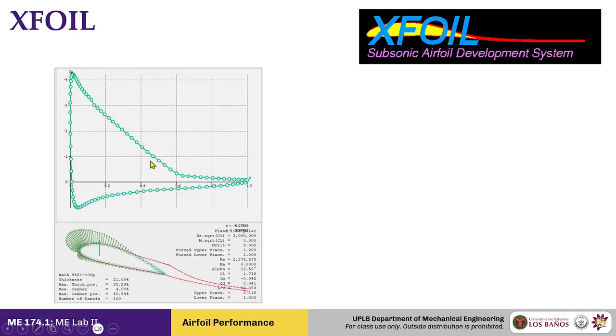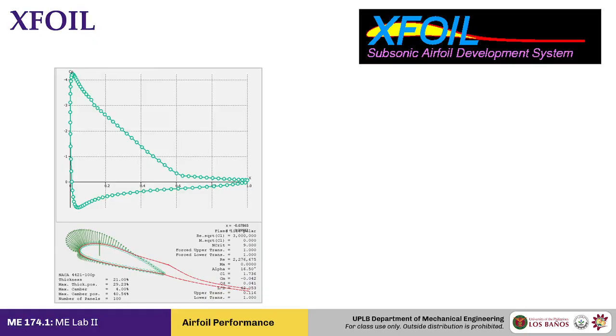And you can also ask XFOIL to plot that pressure distribution as is on the airfoil itself. And you can actually ask XFOIL to simulate the boundary layer over that particular airfoil. So in this case, you kind of see some flow separation, but even though there is flow separation, it is generating quite a lot of lift.